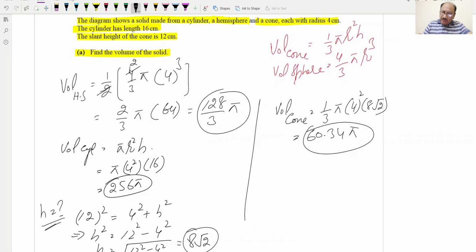So these are basically three values. One value is this one, which is volume of hemisphere, and this is the second value, which is volume of the cylinder, and this is the third value, which is volume of the cone.